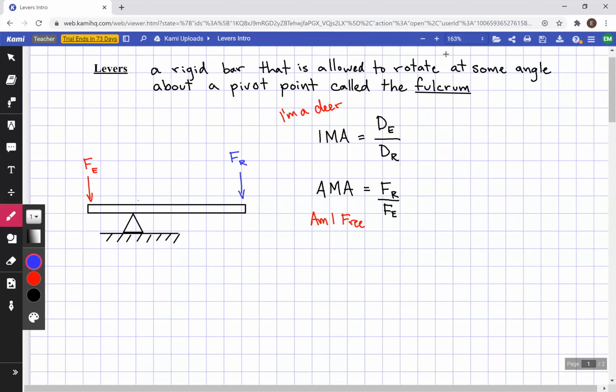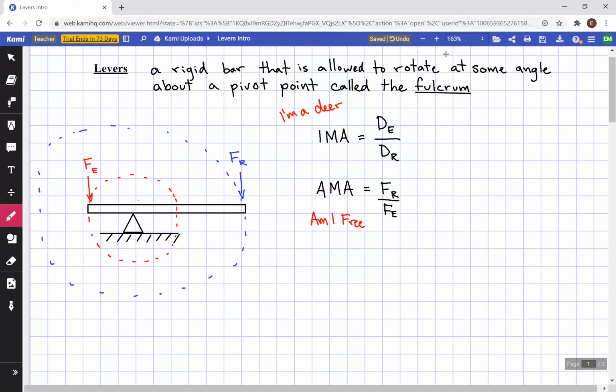So if the effort force was acting independently, it would cause the lever to rotate about the fulcrum in a circle, like that. If the resistance force were to act independently, or if the load were able to act independently, it would cause the lever to rotate about the fulcrum in a much larger circle, right?